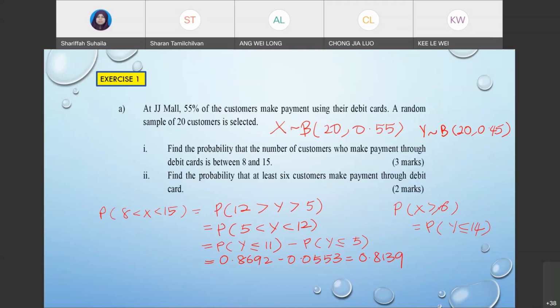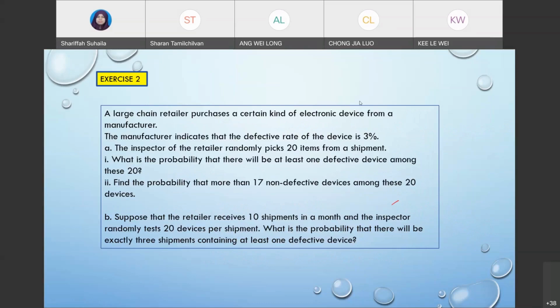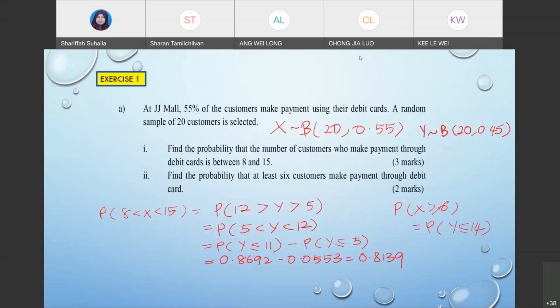Okay, so probability Y less than or equal to 14 is 0.9936.